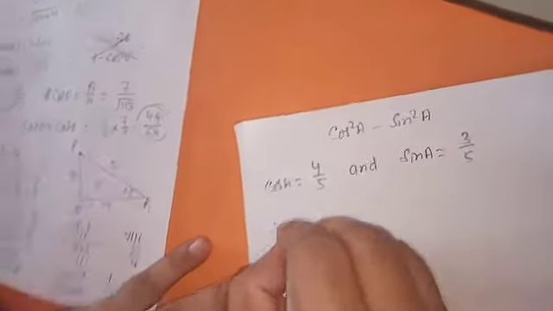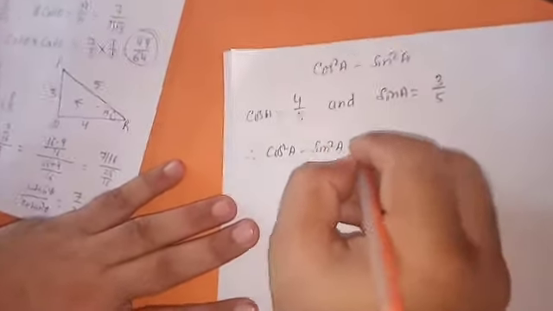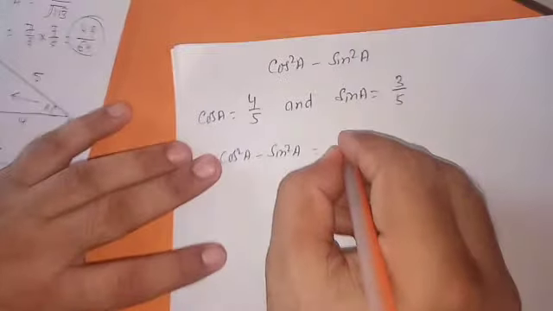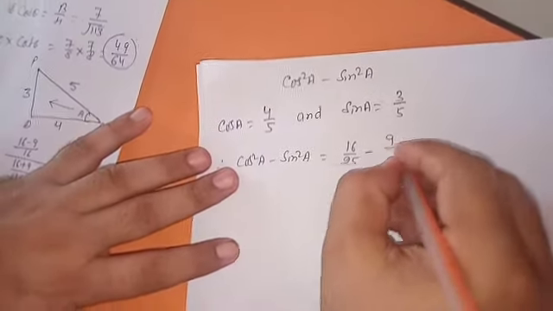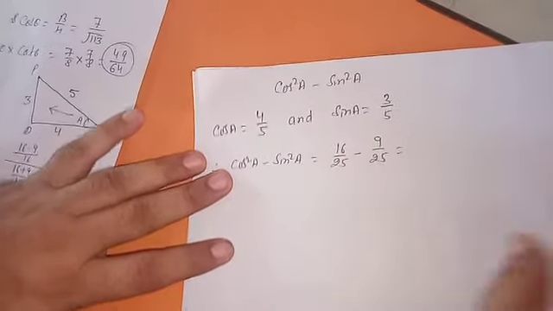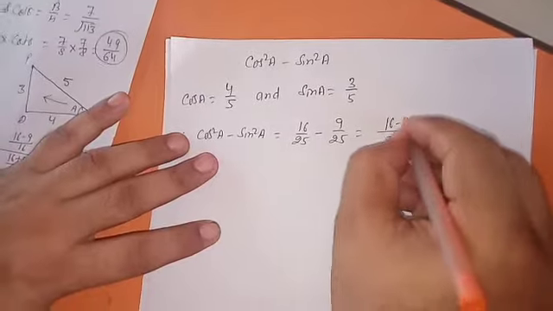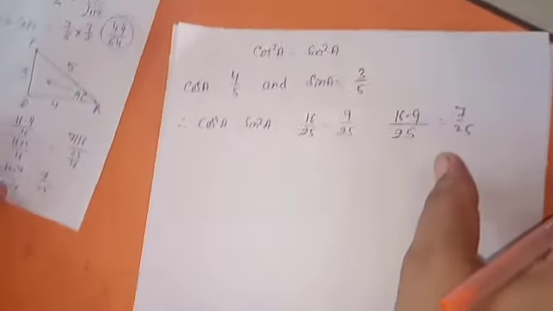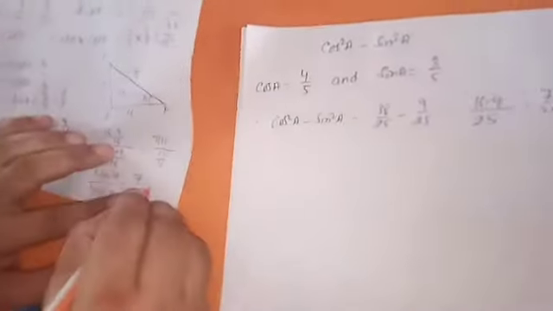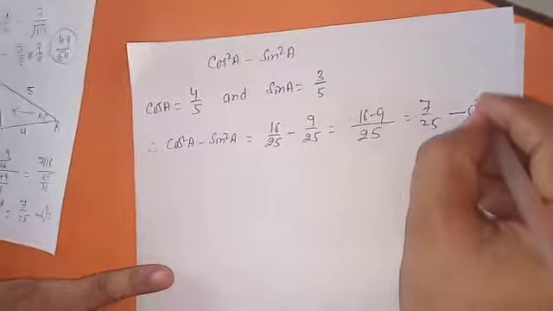Therefore cos square A minus sin square A is 16 by 25 minus 9 by 25. 25 is your LCM, and 16 minus 9 is 7, so 7 by 25. Look at this one time. This is the first, and this is the second.